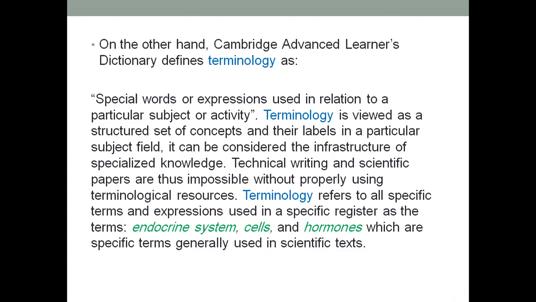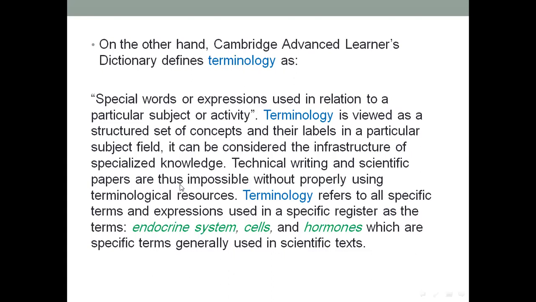So terminology is viewed as a structured set of concepts and their labels in a particular subject field. These terms may be concepts related to a specific science, may be specialized knowledge, may be technical terms or specific terms.